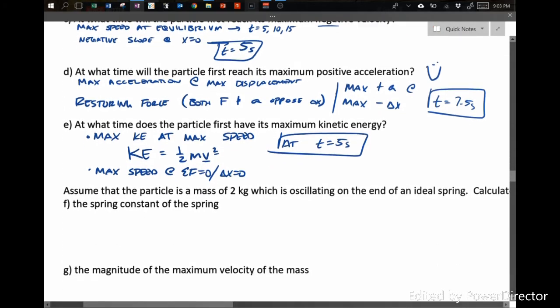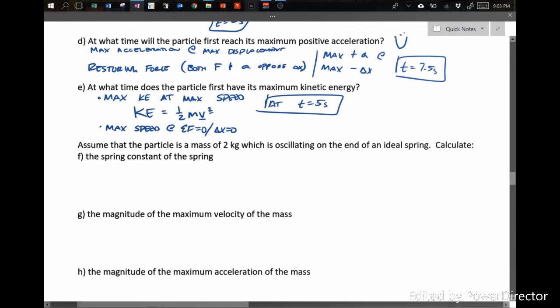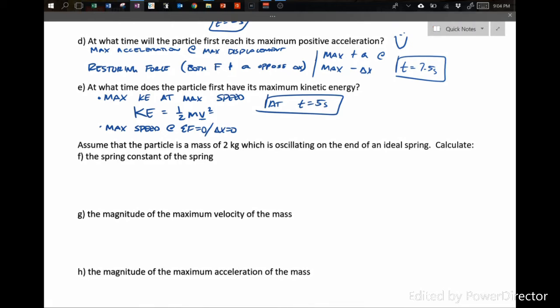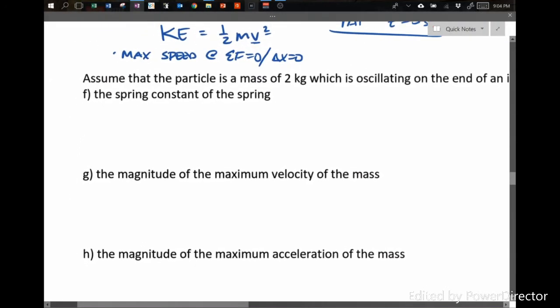All right, now we're going to get into some numbers. Assume the particle is a mass of 2 kilograms oscillating on the end of a spring. Calculate the spring constant of the spring. Okay, so because we're dealing with a spring, we know a couple of things. One of the things that we know is that the period of a spring is 2 pi times the square root of m over the spring constant.